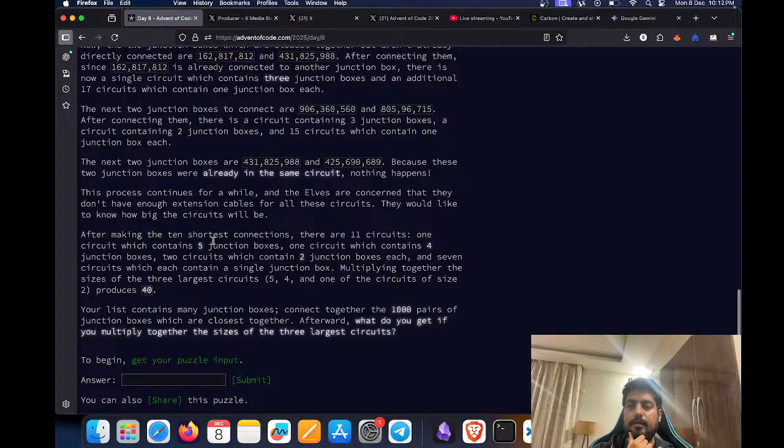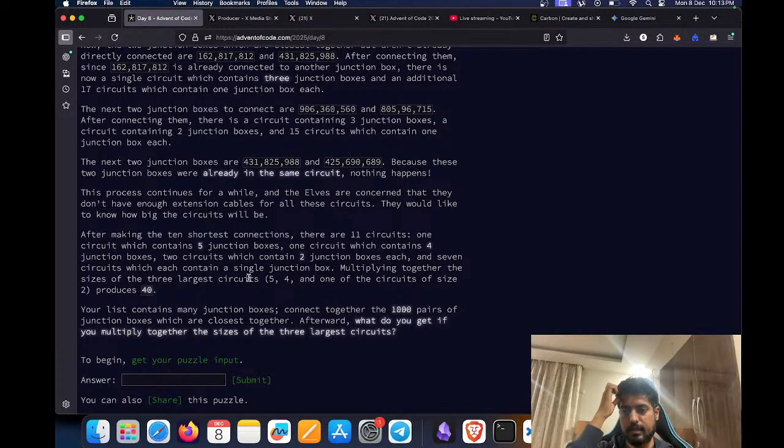After making the 10 shortest connections, there are 11 circuits. One circuit which contains 5 boxes, one which contains 4 boxes, two circuits containing 2 boxes each, and 7 which each contain a single box.